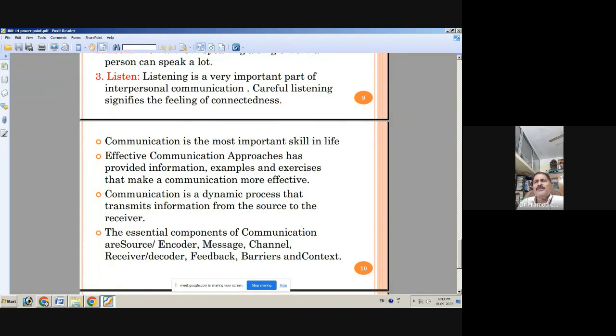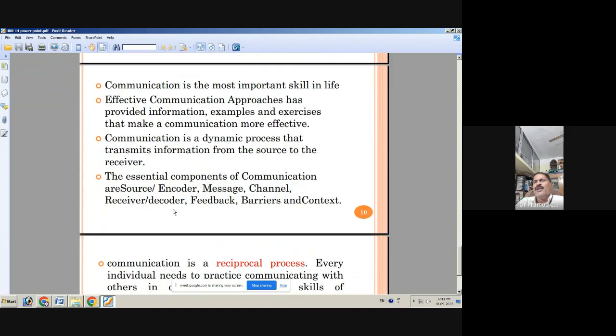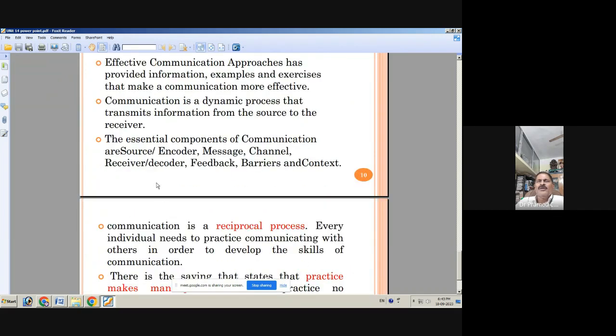And communication should be very dynamic, and it should be able to transmit information from one source to another, from sender to receiver. So the essential components of communication are the source, the one who is encoding the message, the channel, and also the receiver or decoder.